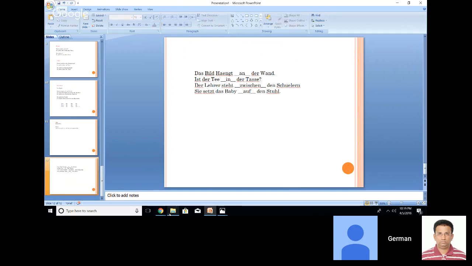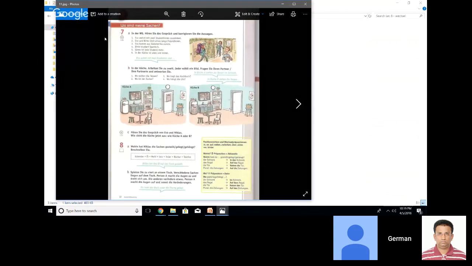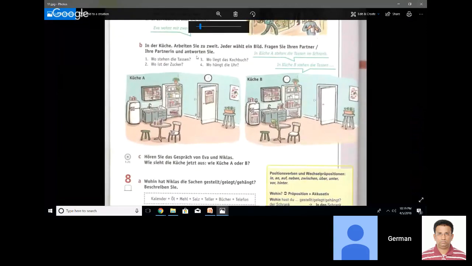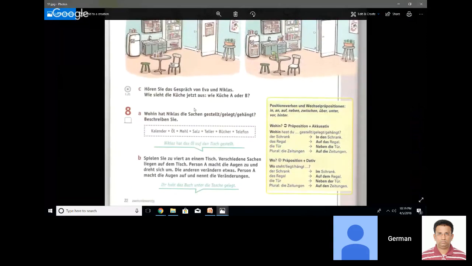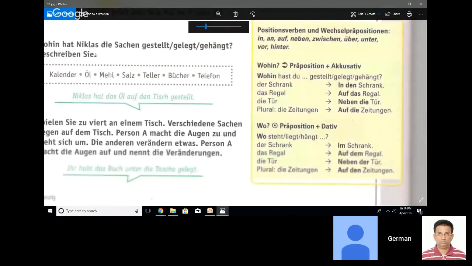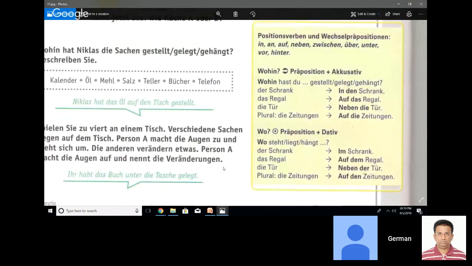I've got one more page from the textbook. Over here, let's read this important box in the corner first.